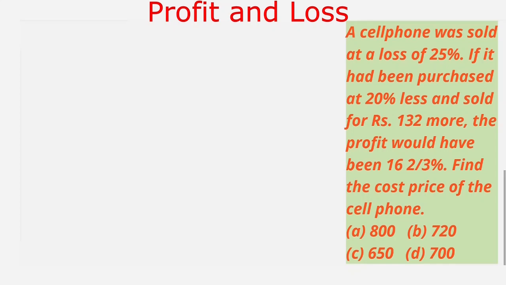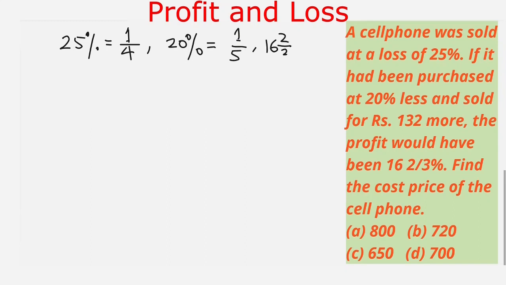Why we are assuming that number, you will learn when I solve this question. 25% when expressed as a fraction comes out to be 1 upon 4. 20% when expressed as a fraction comes out to be 1 upon 5. Another percent given in this question is 16 whole and 2 upon 3%. This when expressed comes out to be 1 upon 6.